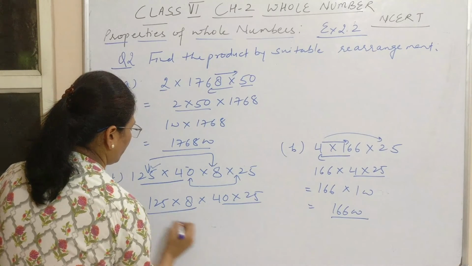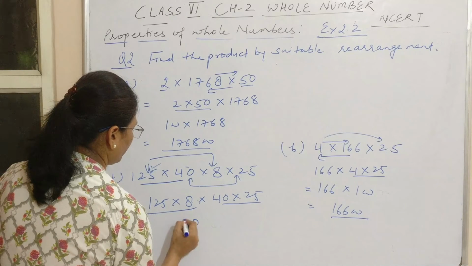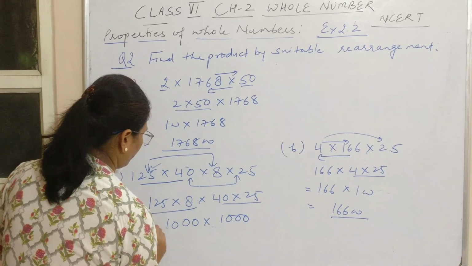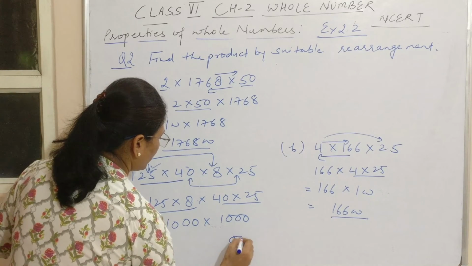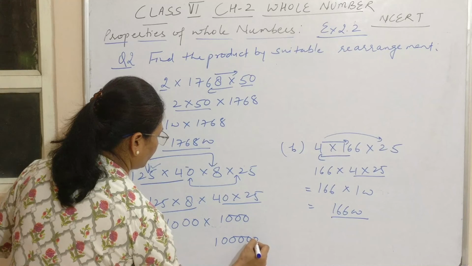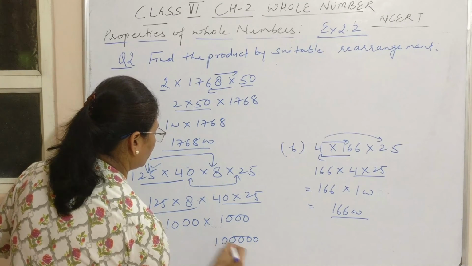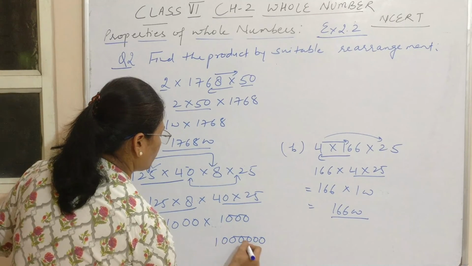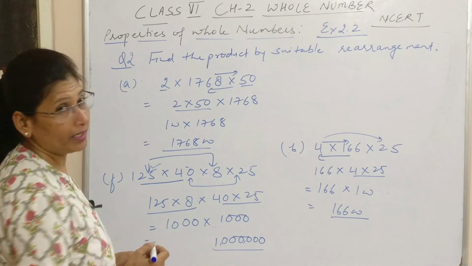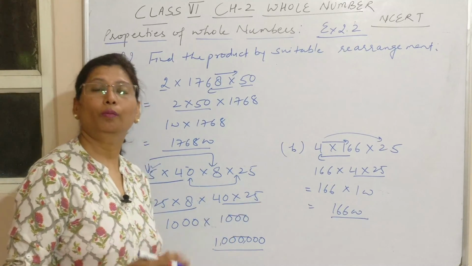Here, if you multiply, you get 1000. And here also, if you multiply, you get 1000. So how many zeros? We have 6 zeros. So in a way, we have 1 million, or you can say 10 lakhs. So this is our product.